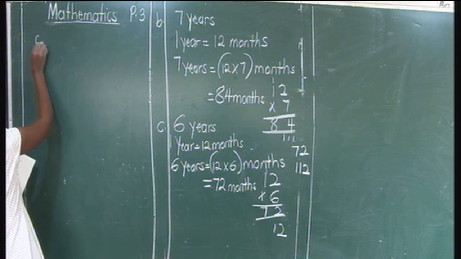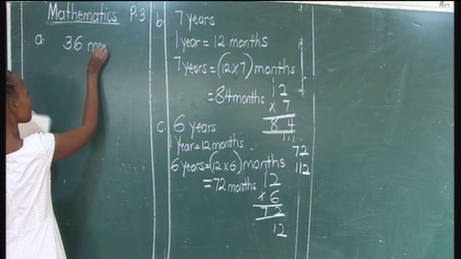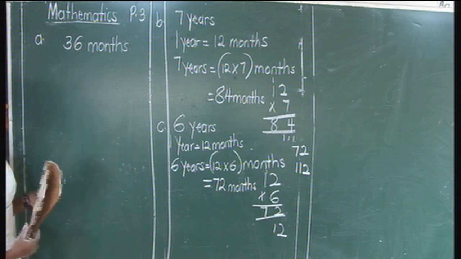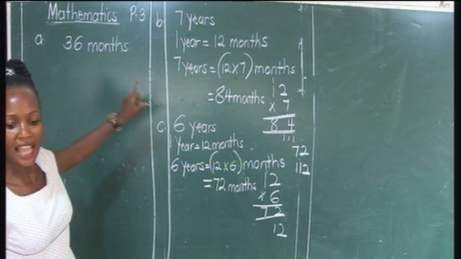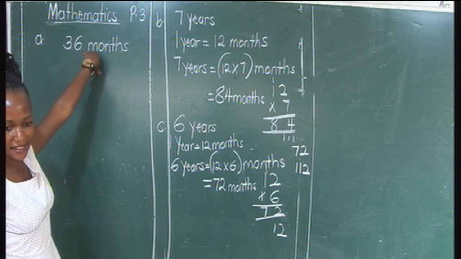Number 1, part A we have 36 months. Now we need to change these months and see how many years are in 36 months.